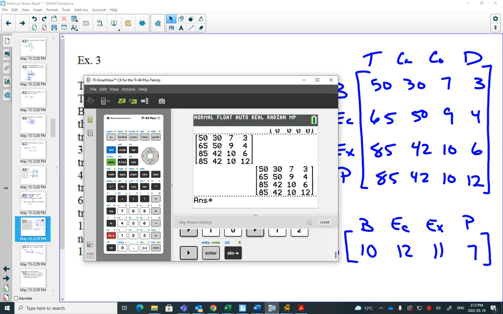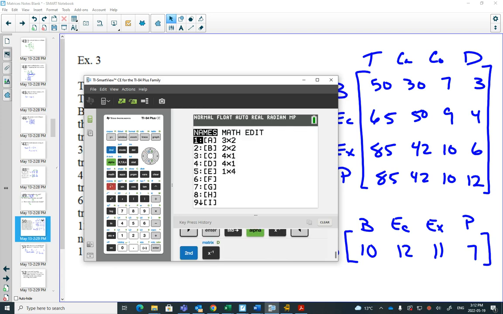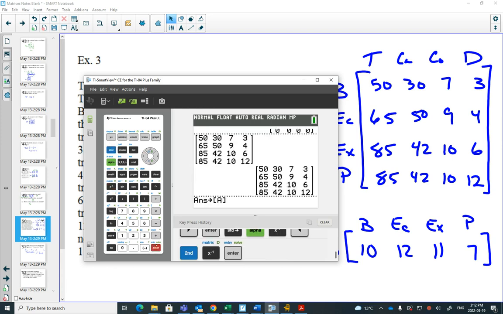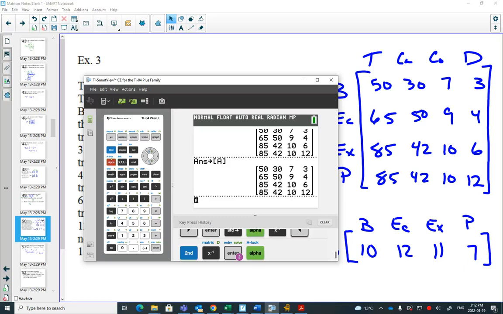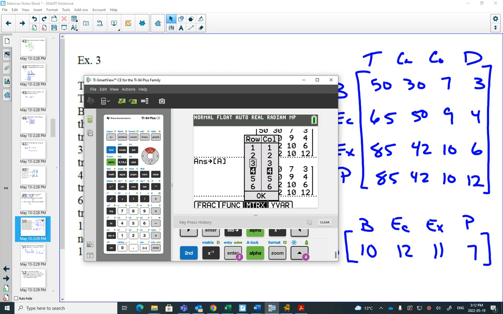And I'm going to store that as matrix A. Bam. And then 1 by 4: 10, 12, 11, 7. You don't have to do it that way. I know, but I'm trying this.